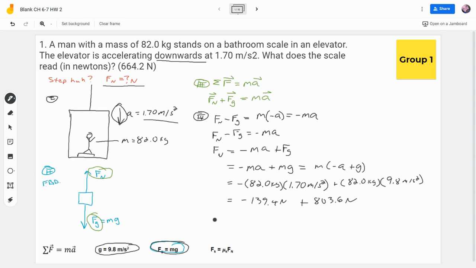And then you do that little bit of math, and you end up with F sub n is equal to 664.2 newtons. So you've got that. You put a box around it, so your physics teacher knows that you're done.